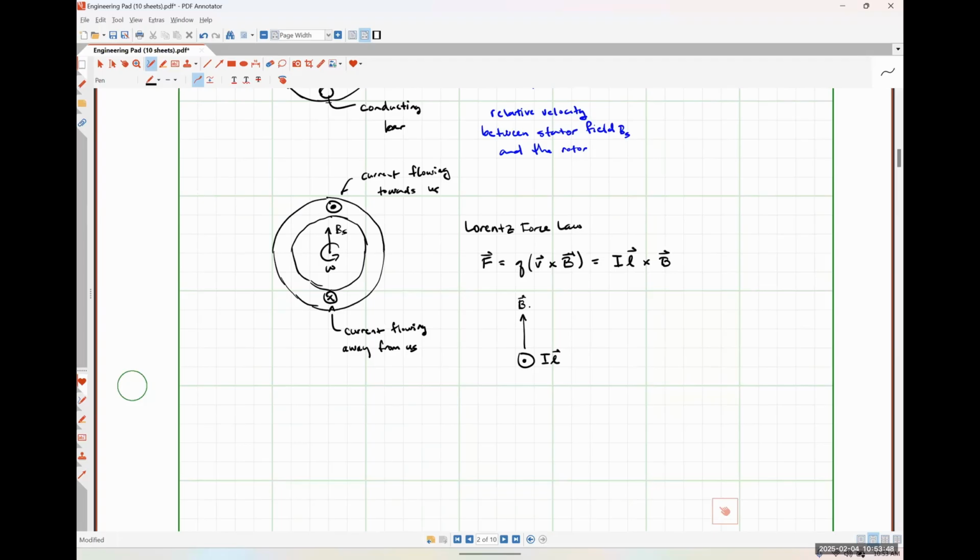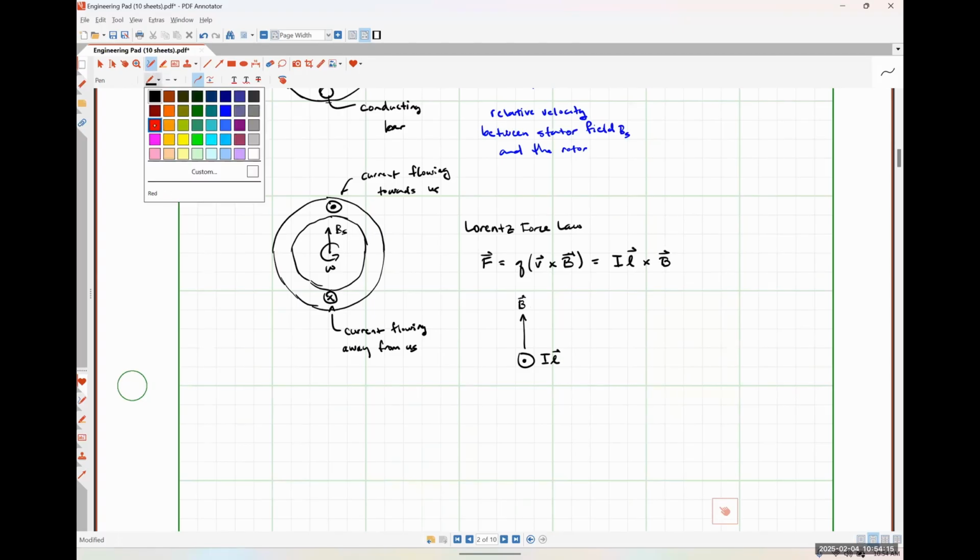So if we use our right-hand rule, my index finger is pointing in the direction of the current, out of the page. My B field is directed up, and so my thumb is giving me the direction of my force. With this coming out of the page and this going up the page, my thumb is pointing to the left.